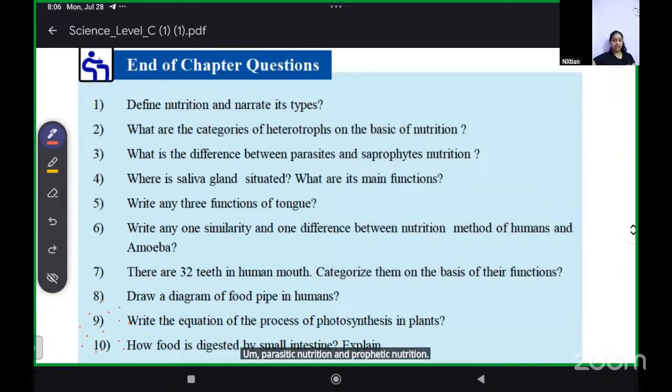And heterotrophic nutrition you can further classify into carnivore, omnivore, and herbivore. Now, what are the categories of heterotrophs on the basis of nutrition?